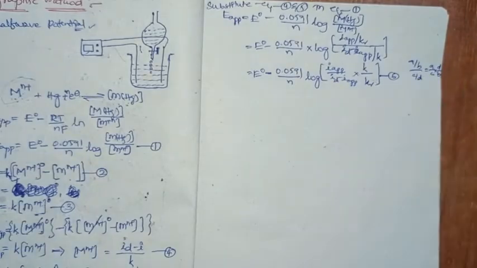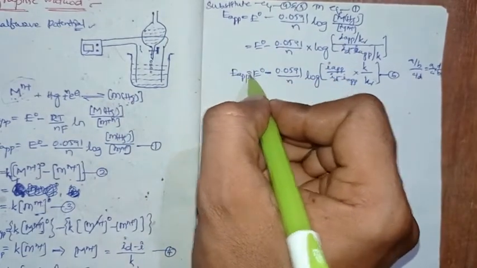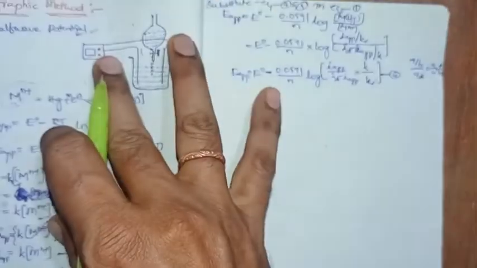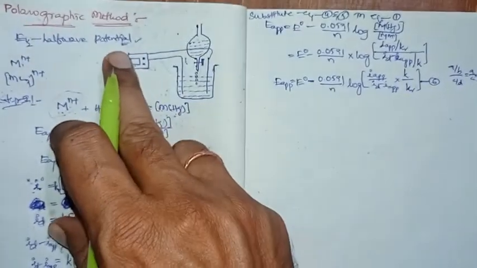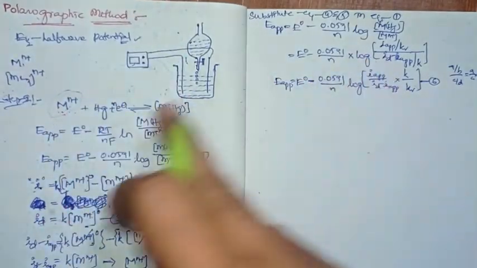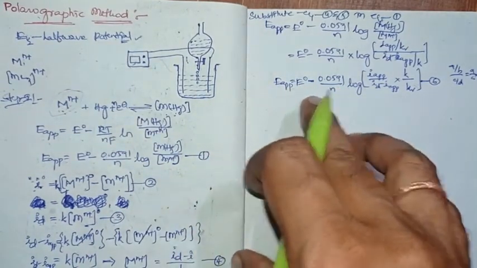Whatever we have here is the applied potential, but from the polarographic method, the value we get is the half-wave potential. In all these equations we have the applied potential, not the half-wave potential.